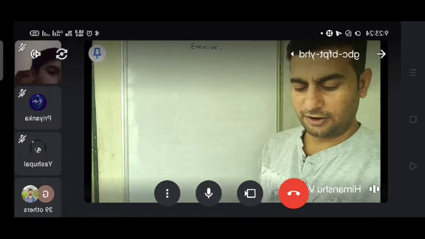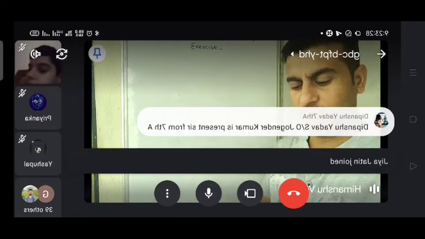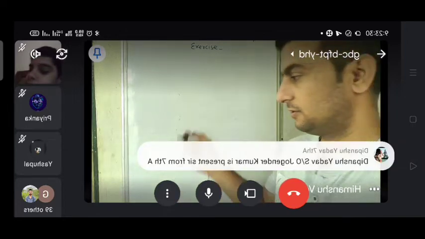Now we have to write in question number 6. We have to write the place value of 2 in the following decimal numbers.